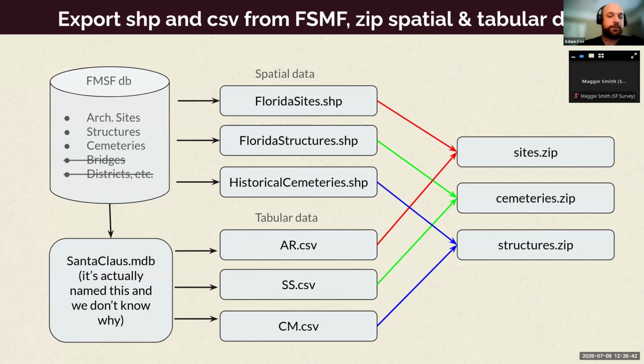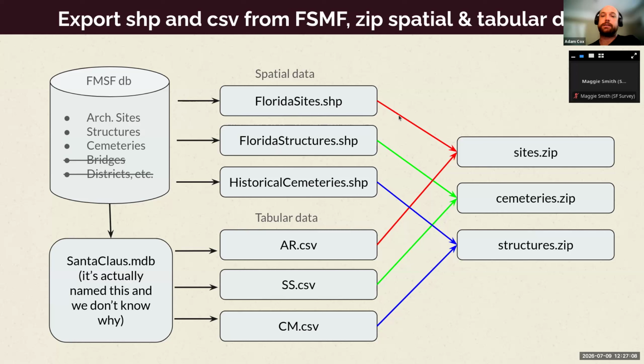And you can also export the tabular data, which comes in an Access database called Santa Claus. It's festive. That has a few other pieces of tabular information that we also need when we're putting this into Arches. Cassie then zips these up.